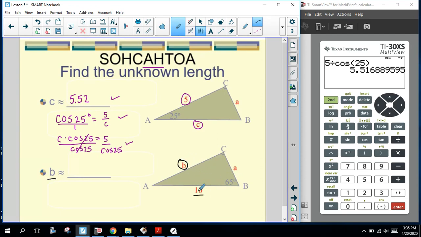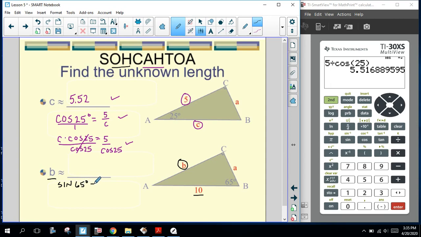So I've got opposite and hypotenuse, and oh my gosh, oh yeah. It's the sine, because it's SOH, opposite and hypotenuse. So we're going to take the sine of my acute angle, which they give me is 65 degrees in my triangle.